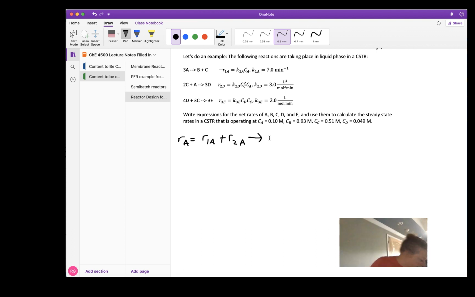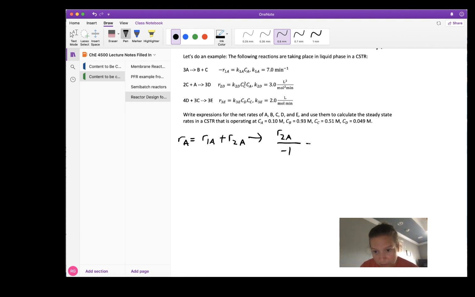So that is going to be, we'd say R2A divided by -1. So the stoichiometric coefficient on A in reaction 2 is 1, and A is a reactant, so that gets a -1.